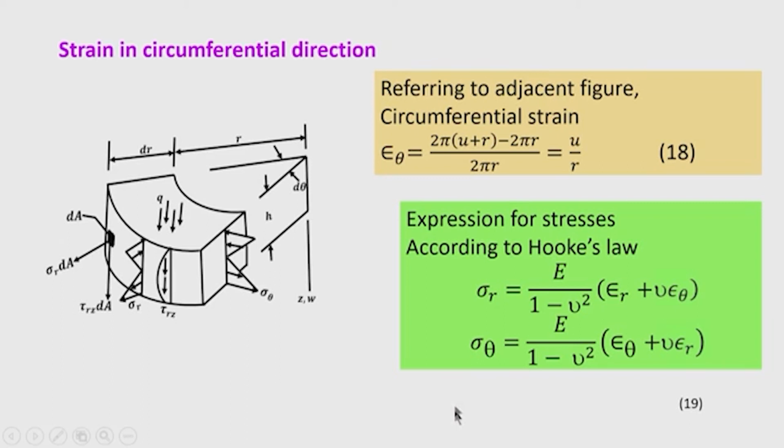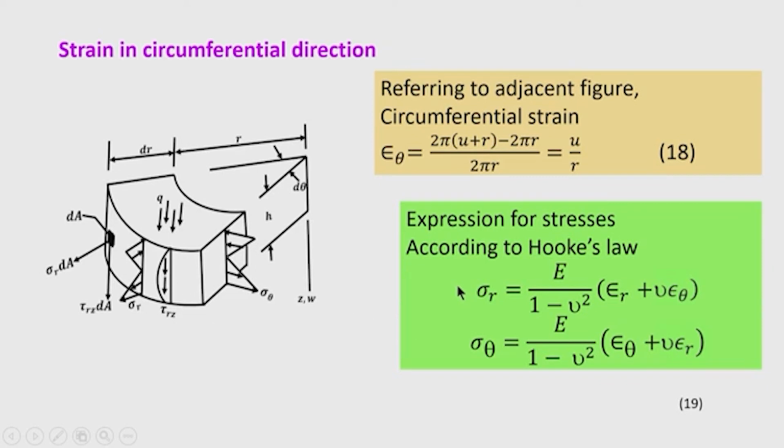So, knowing the strains, and we already know the quantity epsilon r, now we can express sigma r and sigma theta in terms of the distance from the middle surface, because the middle surface is our reference plane.